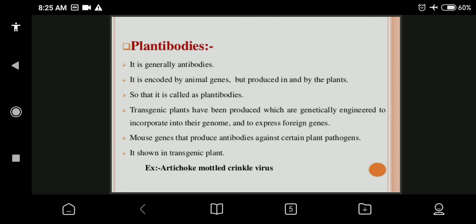Transgenic plants are those prepared by incorporating genes of other plants or animals inside them, and the plants obtained have a combination of both organisms. Example: artichoke mottled crinkle viral disease.